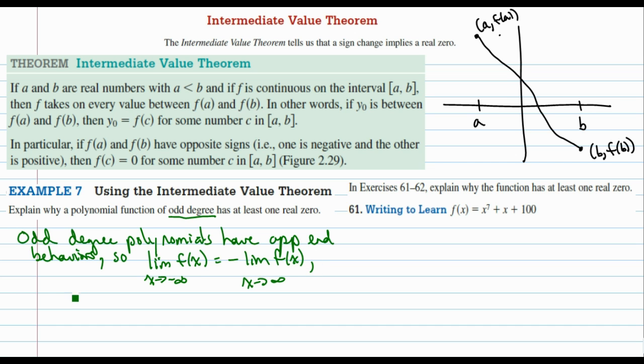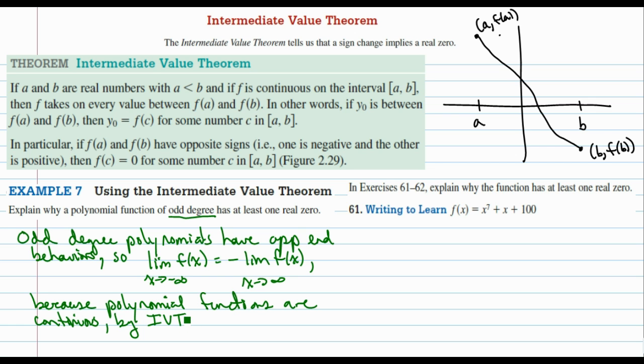So now we can say, because polynomial functions are continuous, by the intermediate value theorem, there must be an x value c between a and b where f of c equals 0.